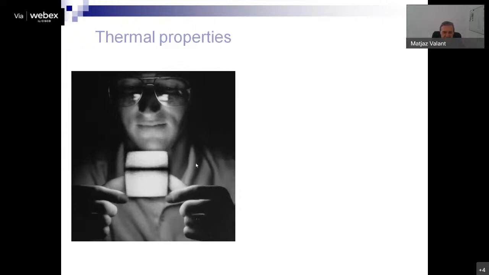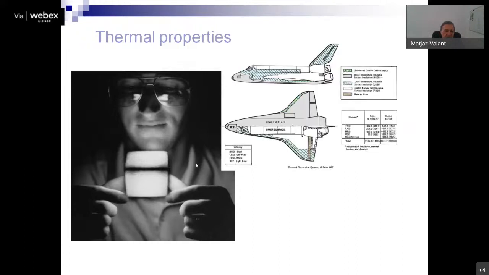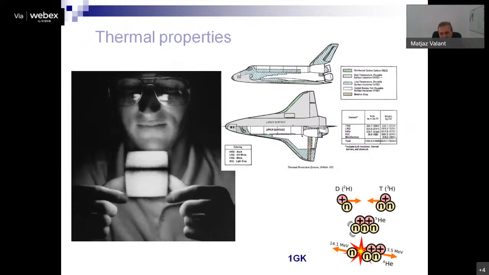So today, we have another big challenge when it comes to thermal properties: fusion. To fuse together deuterium and tritium in a fusion reactor, such as the ITER reactor we are building in France, we need about 1 gigakelvin temperature.